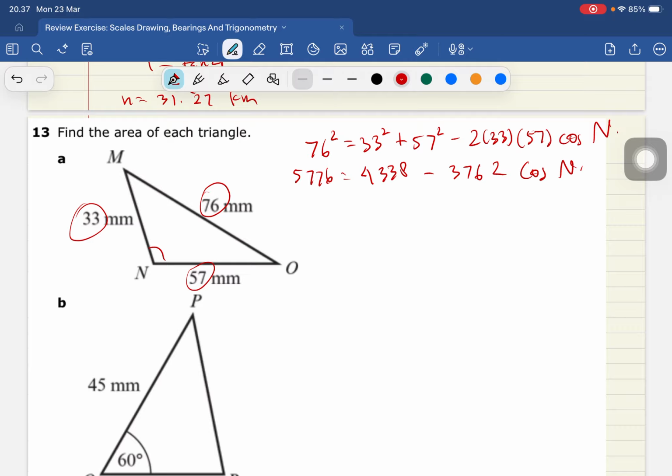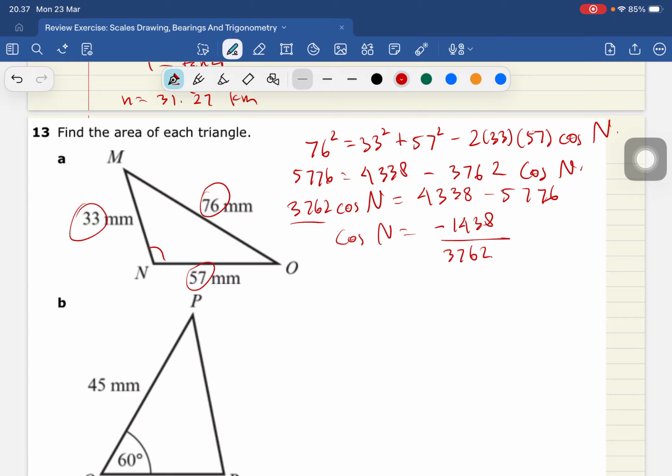Okay, we can rearrange it. So 3,762 cos n equals 4,338 minus 5,776. So cos n equals negative 1,438 divided by 3,762.